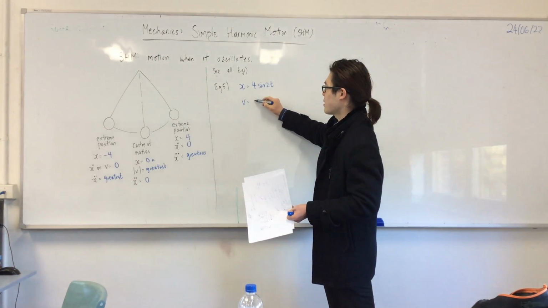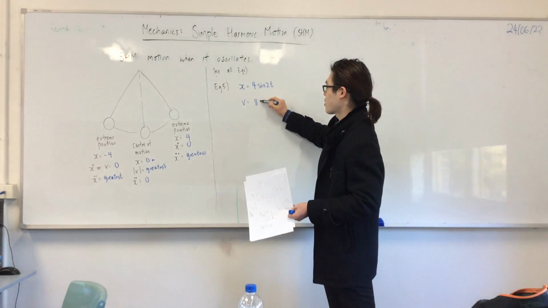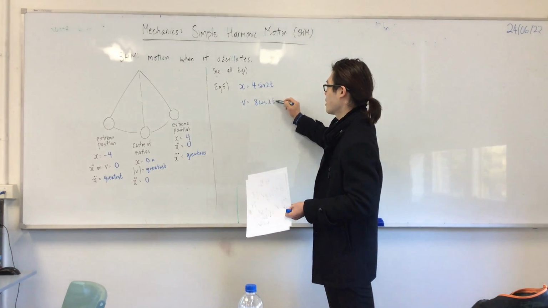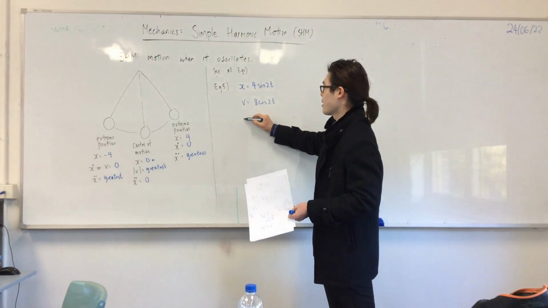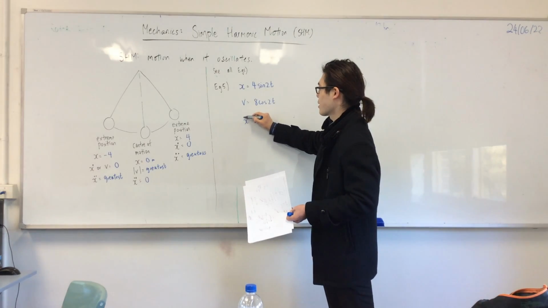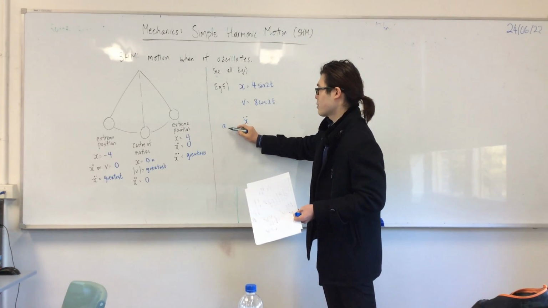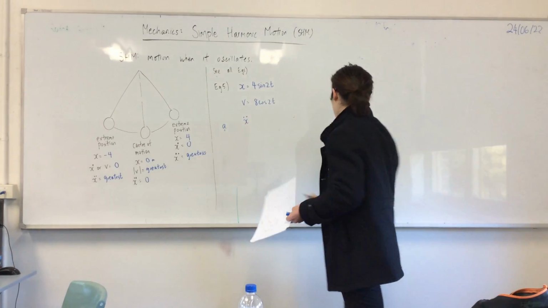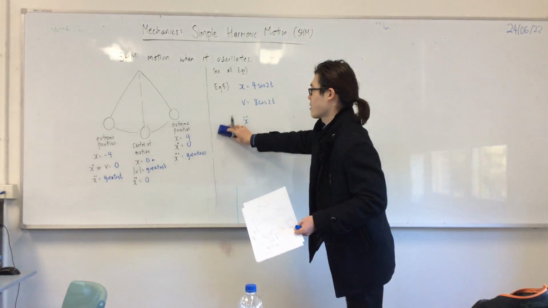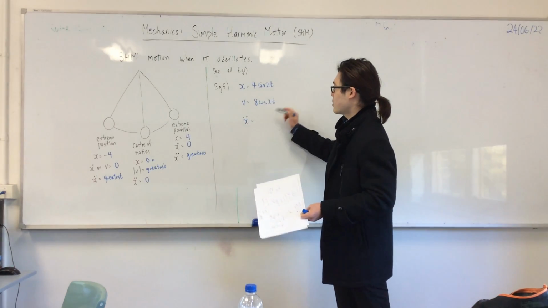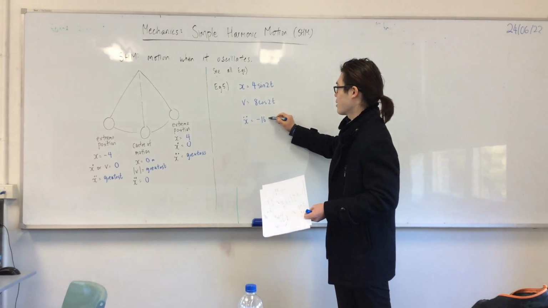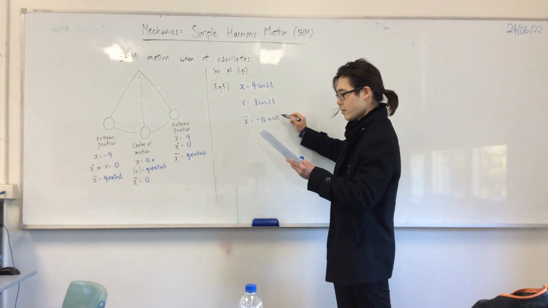So if I differentiate this, that's 8 cos 2t. And if I differentiate this again, try to avoid using a for acceleration because we're going to use a for amplitude, so we don't want to get things mixed up. This is minus 16 sine 2t.